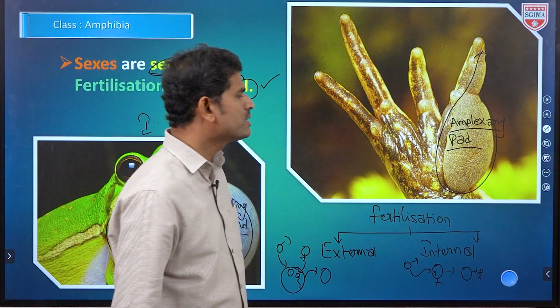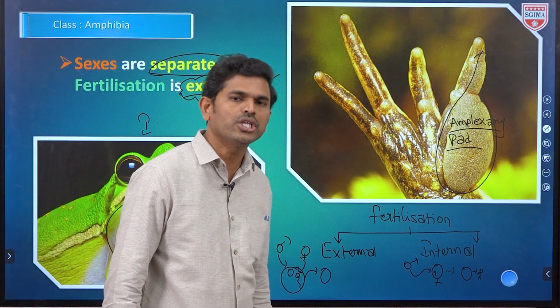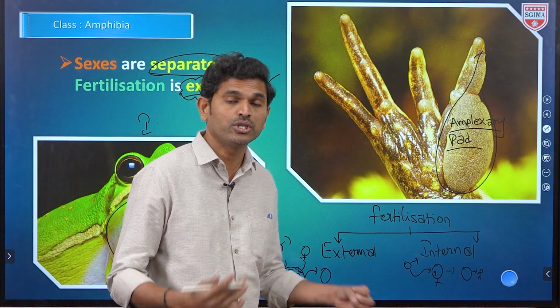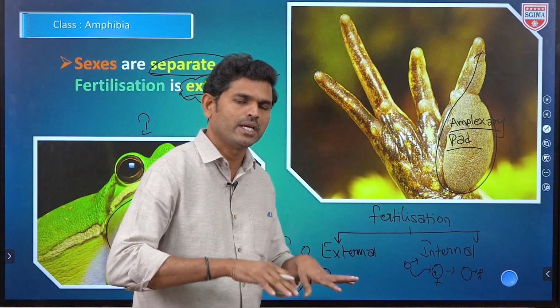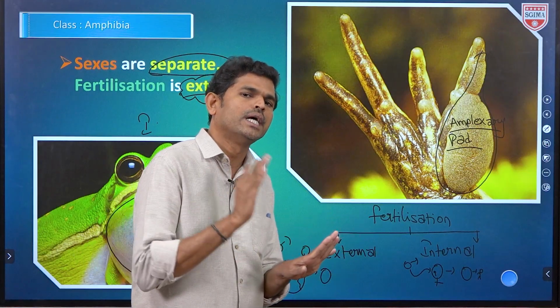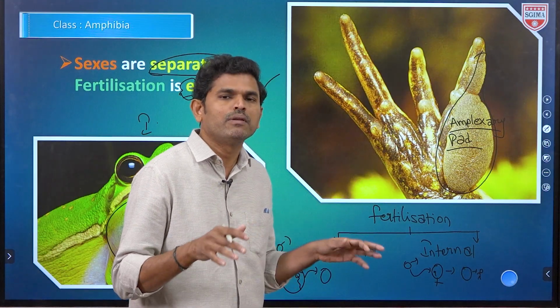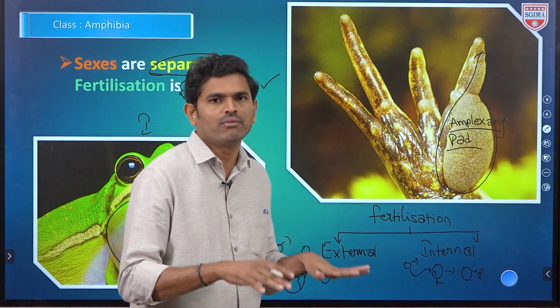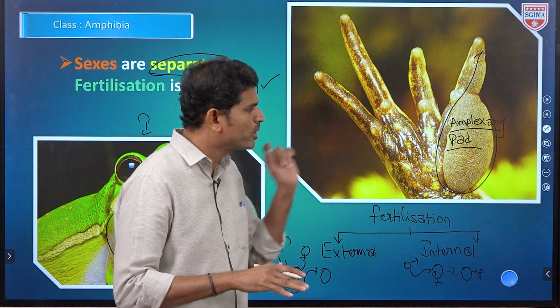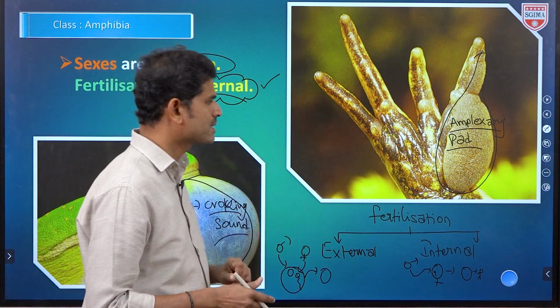Okay, क्योंकि this helps in the copulation process. During copulation, the female frog will be lower and the male frog will be on top. And the male frog, with the help of this pad, will immobilize the female frog. So copulation के लिए ये amplexary pad help करते हैं.